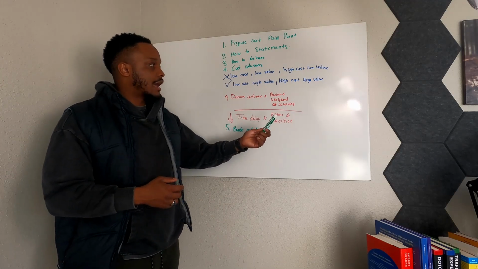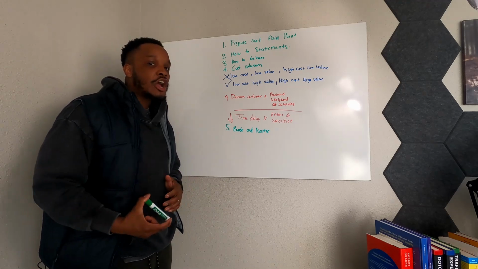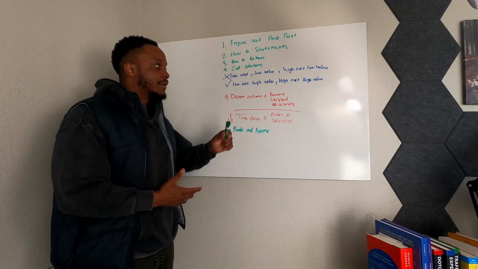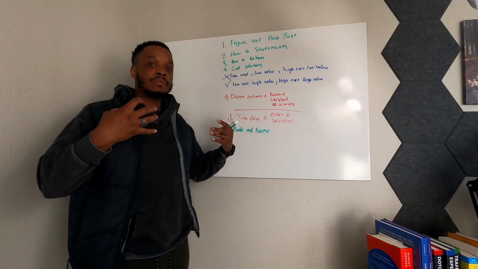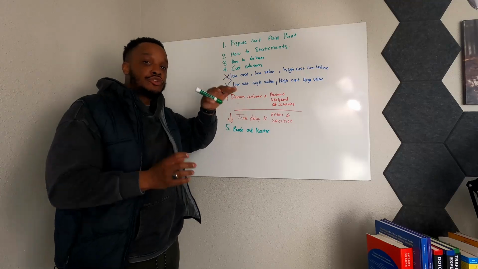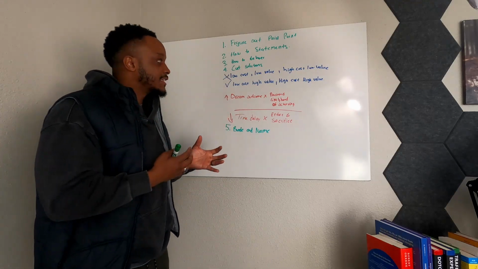For instance, Tesla, when they first came out, they was charging like 200 grand. Now you can get a Tesla for 30 grand. But that high cost that they charged in the beginning allowed them to have more income coming into their business so they can then use it for other things, right?